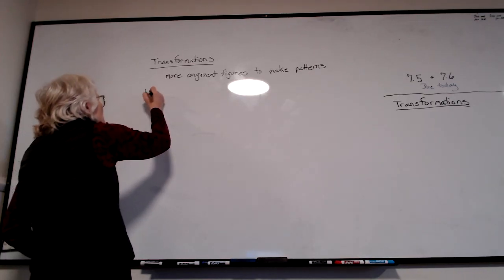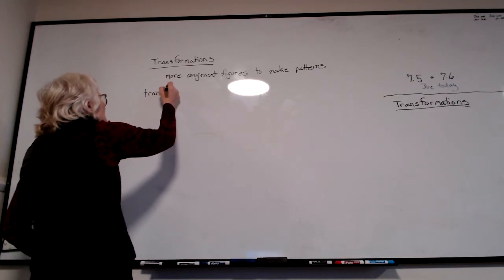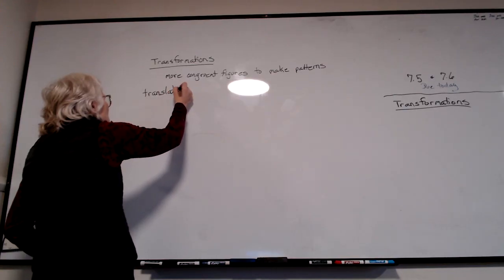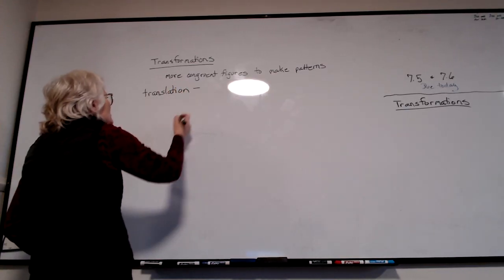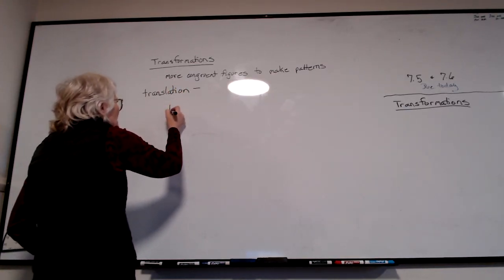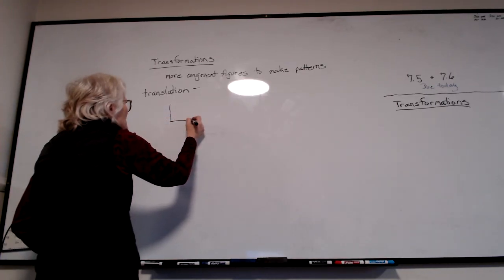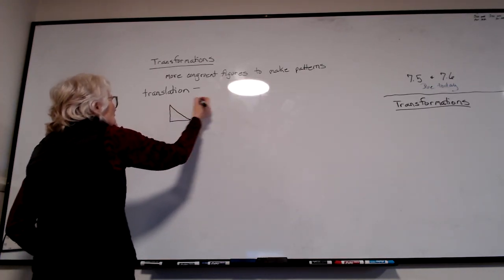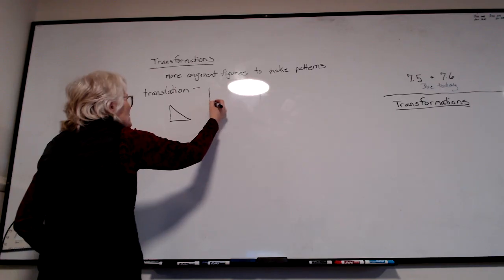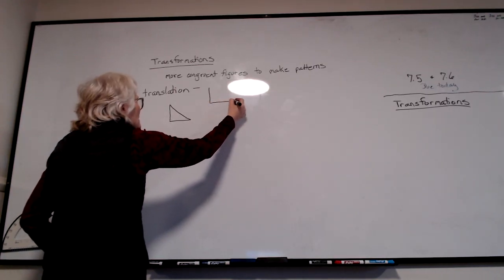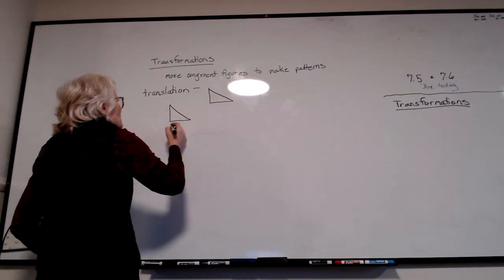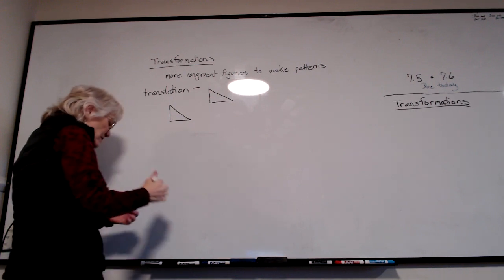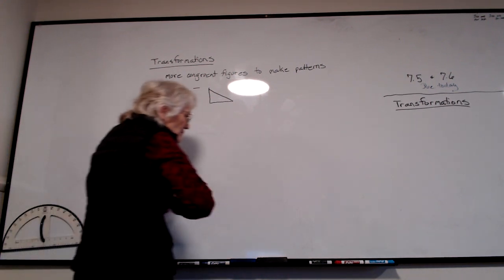Okay, so the most basic transformation is called a translation. And a translation is basically if I take a triangle like this and I move it to a different spot on the paper. All I've done is I've moved it up so far and I moved it to the right.